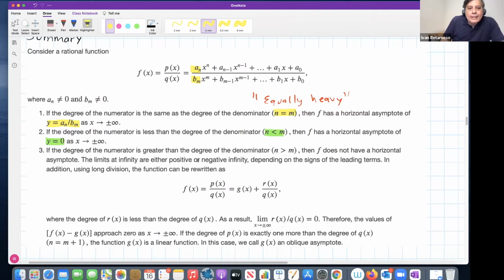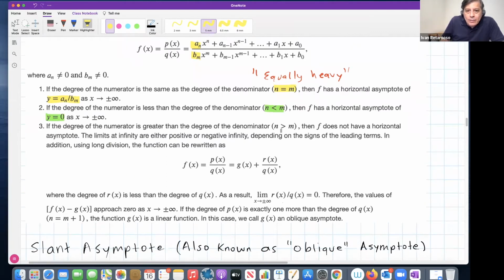Yeah. The third scenario is this. What if your function is top heavy? If the degree of the numerator N is greater than the degree of the denominator M, then you have to be careful there, because this is not going to show a horizontal asymptote. We know that.